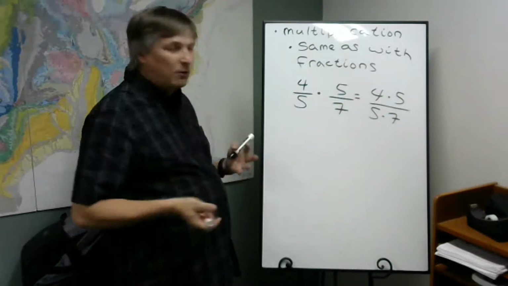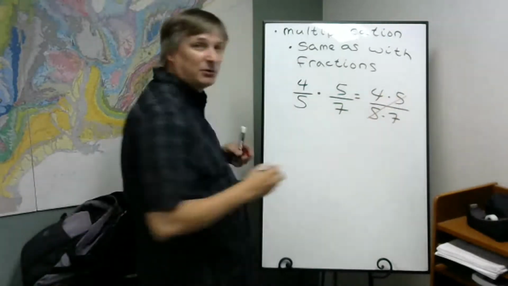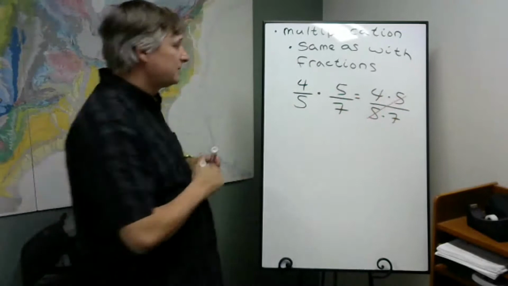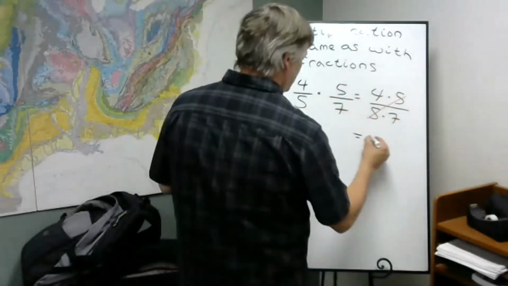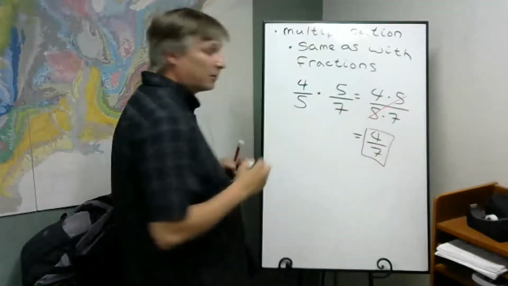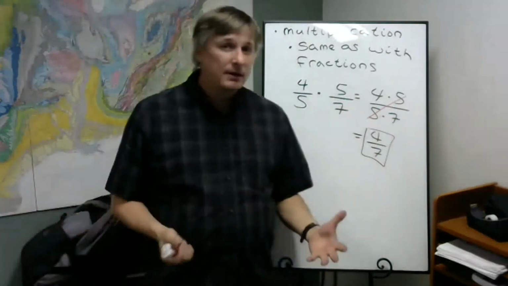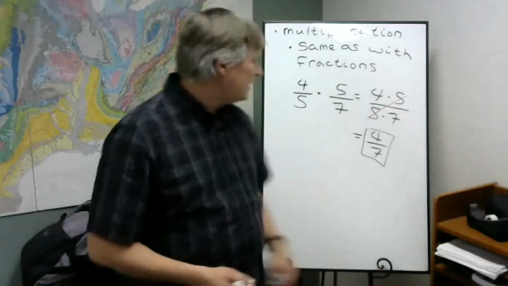And before we multiply things together, we can see that the 5s are going to cancel. So we can cancel those 5s, and we'll be left with 4/7. So just something to keep in mind when we're doing multiplication. Something else.